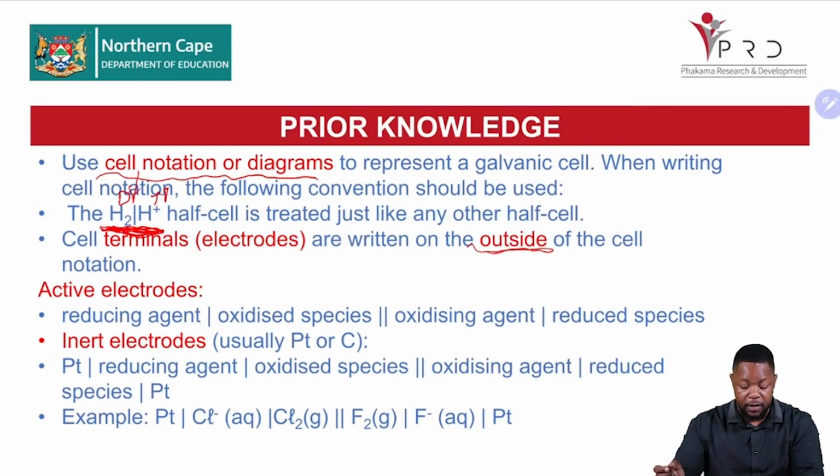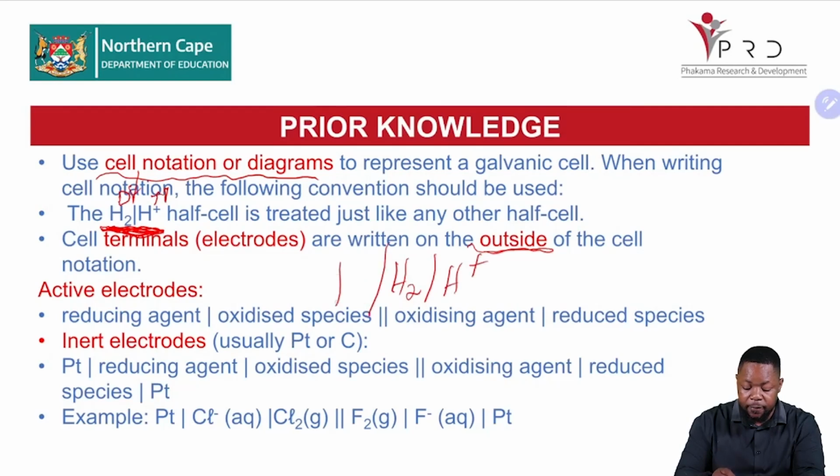If we want to indicate the electrodes, we would write the hydrogen and the H plus, and then outside indicate the electrode, which is the platinum. So that is how we are going to write the cell notation, but let's continue.